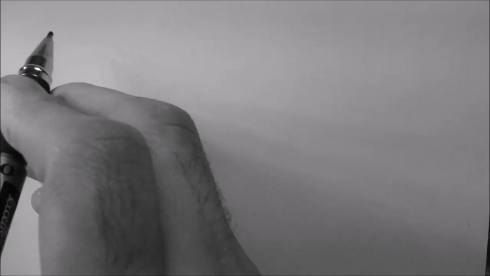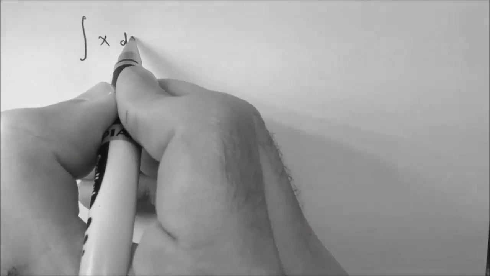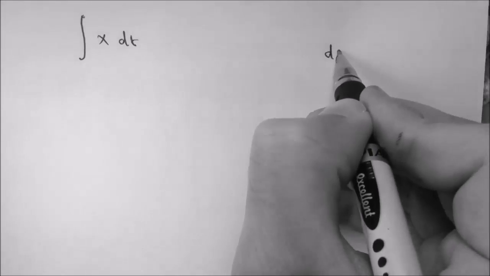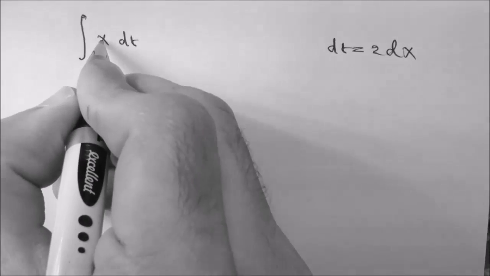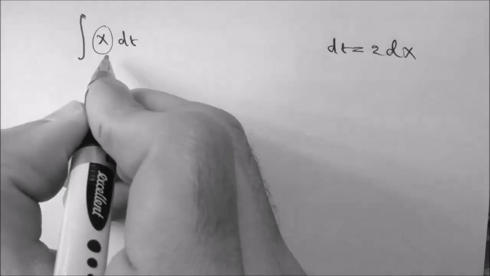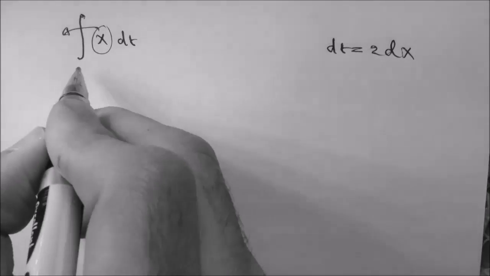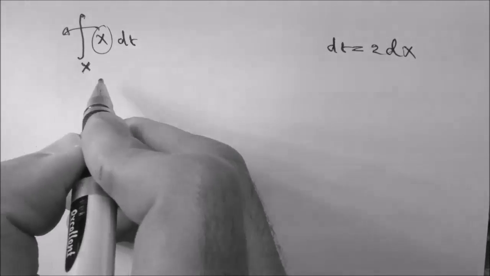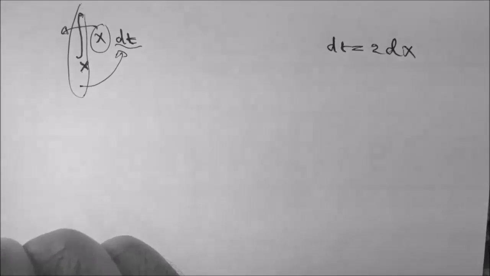I will end with this one. If we write integration x dt, let us assume that dt equals 2dx, okay? People will tell you that x is a constant and the result will be x times t. Now if you force them to integrate over x, they will tell you that this integration index is x, while this thing is dt, which is supposed to be dx.